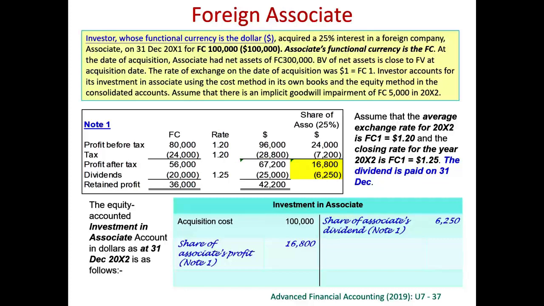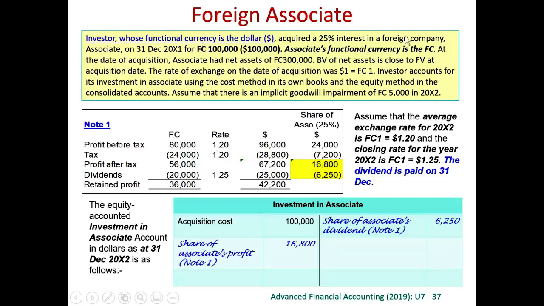Now, we start to share the profit of this associate. The question gives the profit information in FC. We want to consolidate in dollars, so we have to translate from FC into dollars.